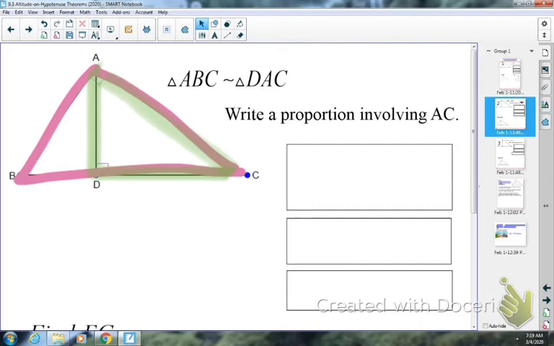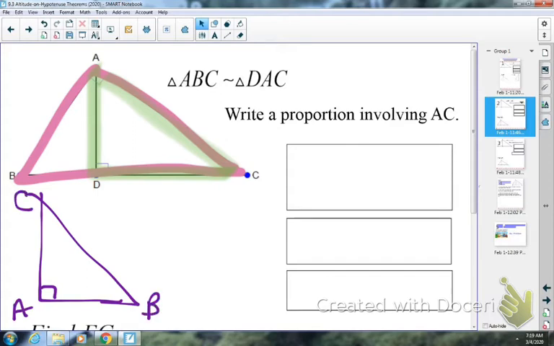If you need to, draw them out separately. Here's A, let's put B here and C, and the right angle is at D. Notice angle C is congruent to itself by reflexive, so C would be at the top. That means that A would be over here on the right. So triangle ABC is similar to triangle DAC.